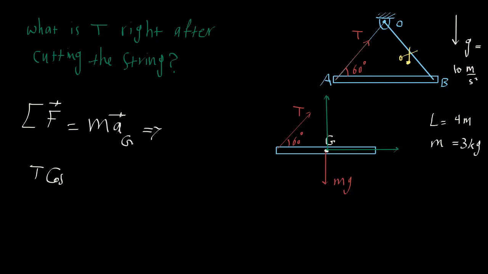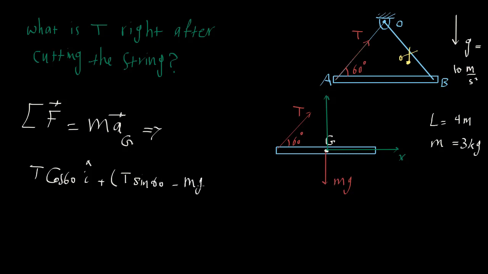So in the i direction we have T cosine 60, and in the j direction we have plus T sine 60 minus mg.